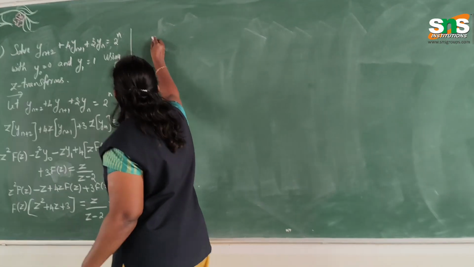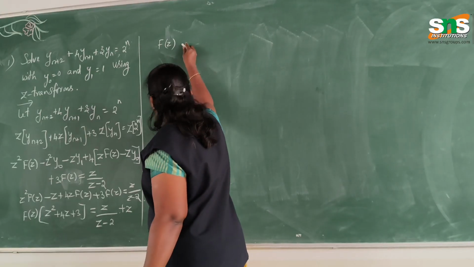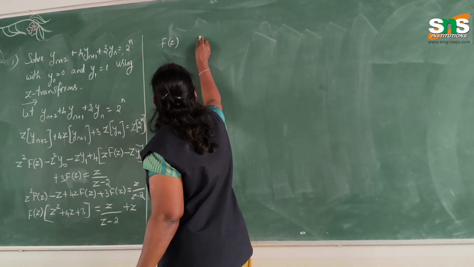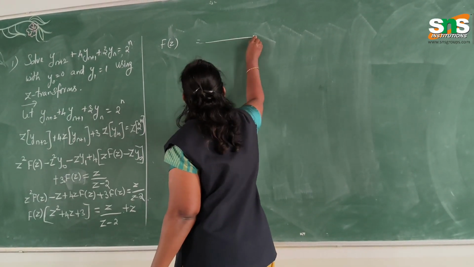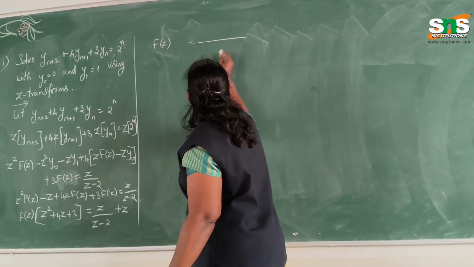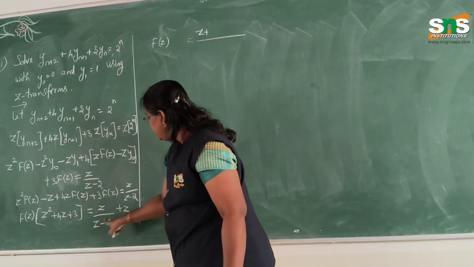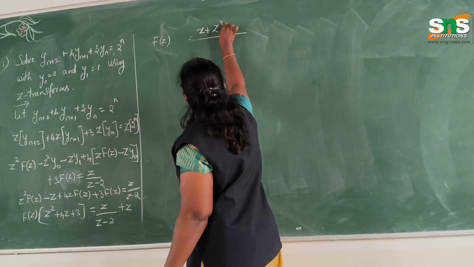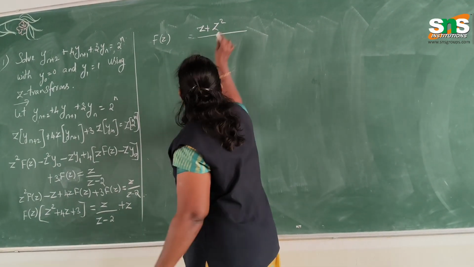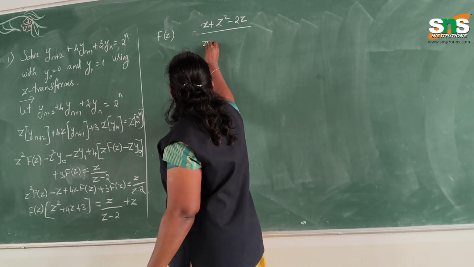Next we go for F(z). In the numerator take the LCM: z into z, writing this z first, plus z into z squared minus 2z, and in the denominator z minus 2.